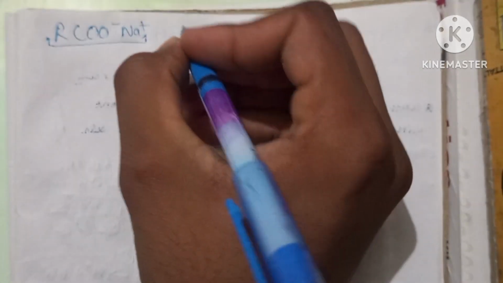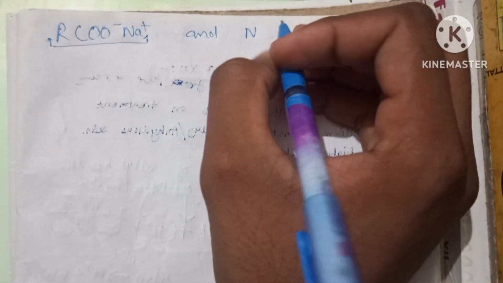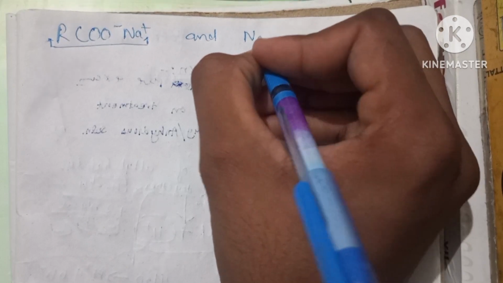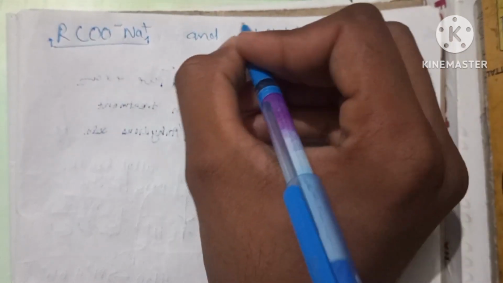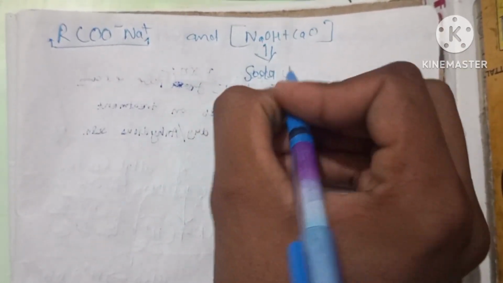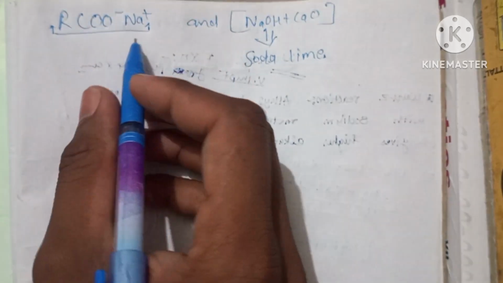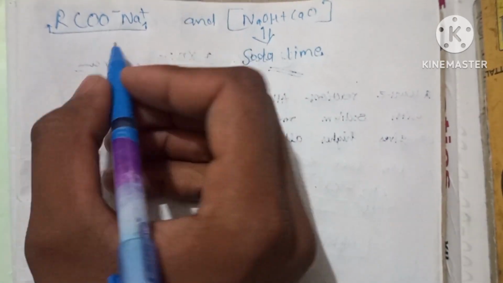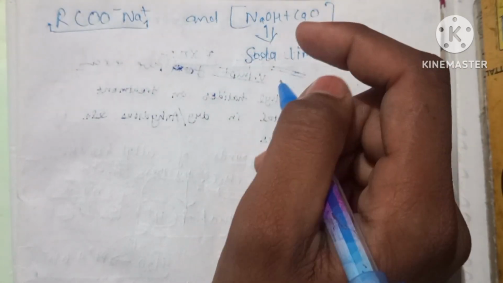And we take soda lime, NaOH plus CaO. This forms soda lime. Sodium salt of carboxylic acid on treating with soda lime gives alkanes along with some other outputs.